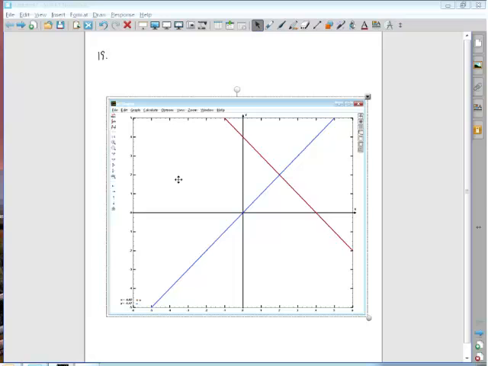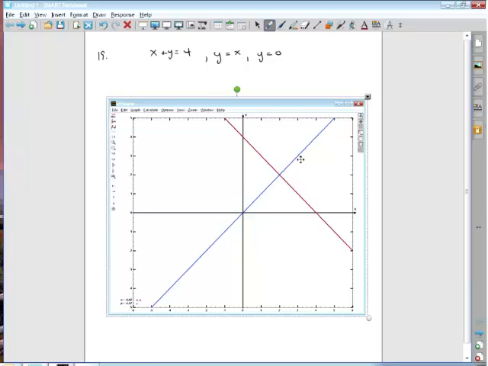Okay, this is problem number 19, section 3, chapter 7. And it says we have the following curves: x plus y equals 4, y equals x, and y equals 0. So I've got two curves plotted.